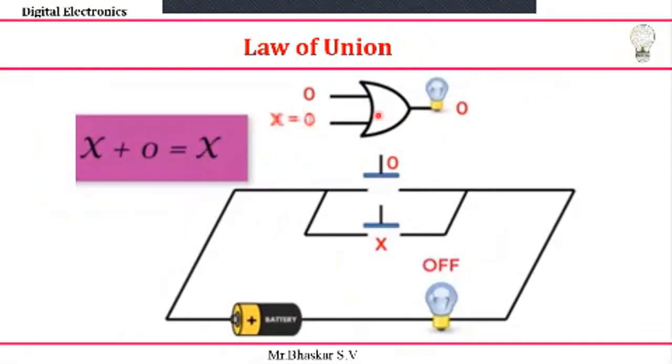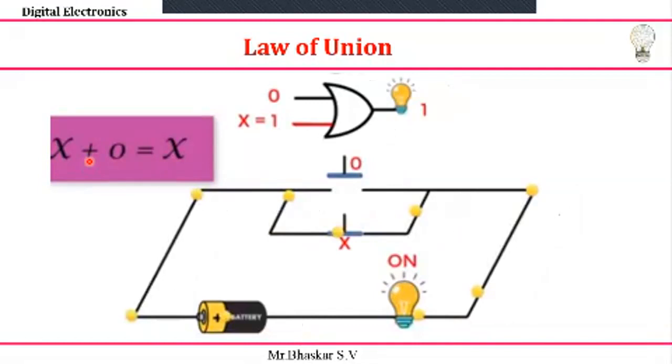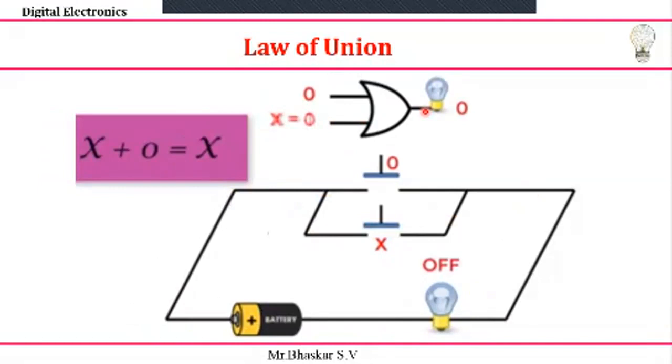If I make x equal to 1, I'll get the output 1, because it acts as a closed switch and conducts the current. So x plus 0 totally depends upon x. When x is equal to 1, I get 1, and when x is equal to 0, I get 0. So x plus 0 is equal to x.